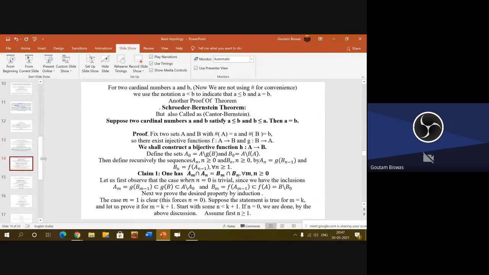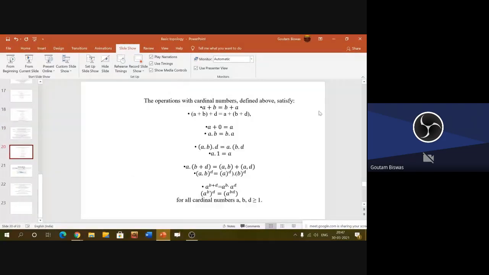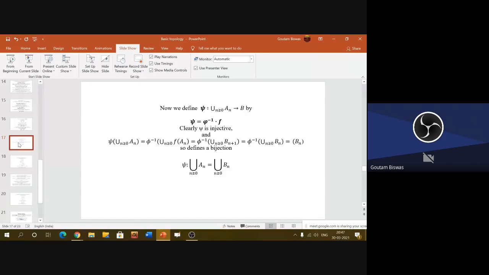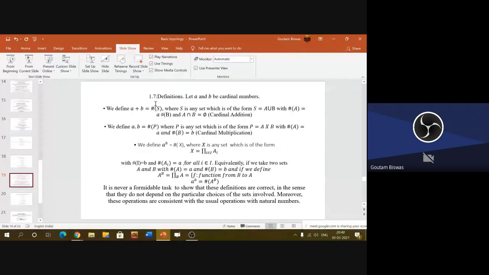So when you are doing sums on cardinality, all the sets of cardinality A are considered here. And you remember this one also: when plus is there, then in the corresponding set it will be union.